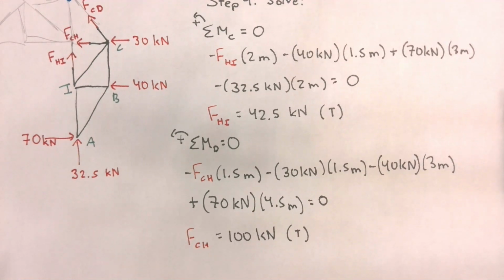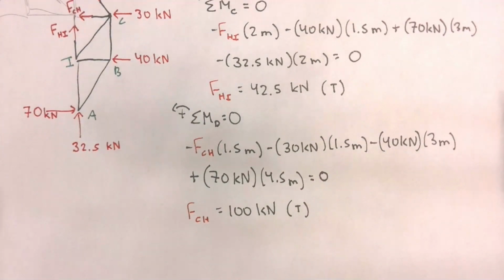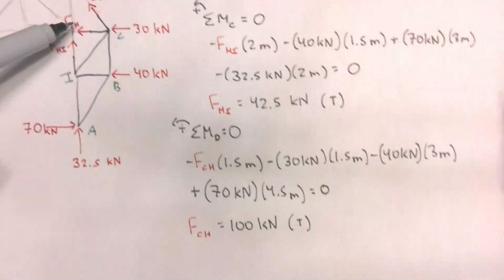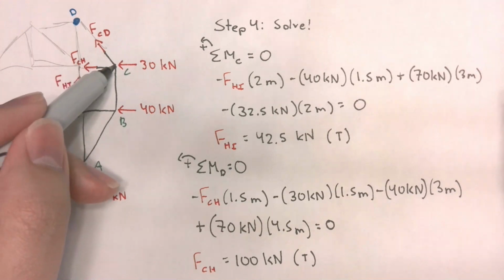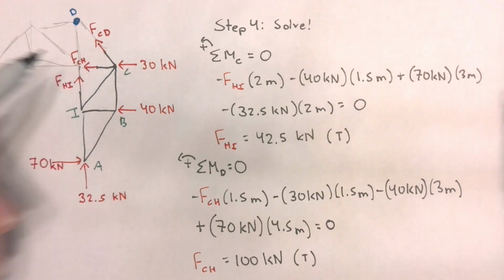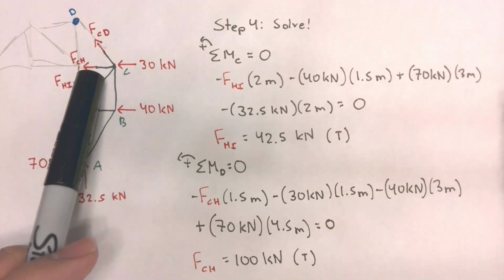Yeah, I got one question. Yeah, go ahead. What threw me off was that force CH. Now, that's a member, right? Yes, this is the member CH from here to here. The 30 kilonewton force acting along that member is what always seemed to throw me off.